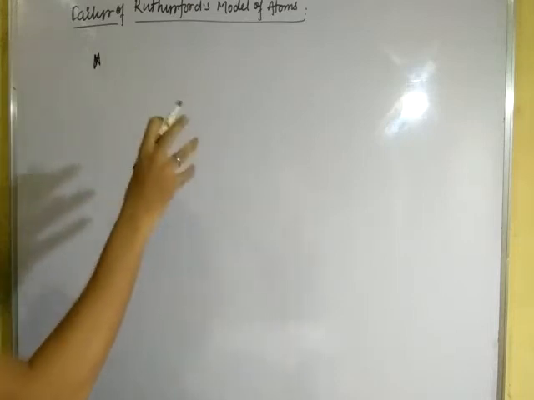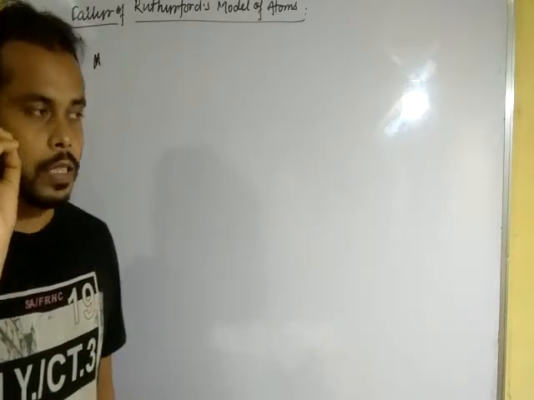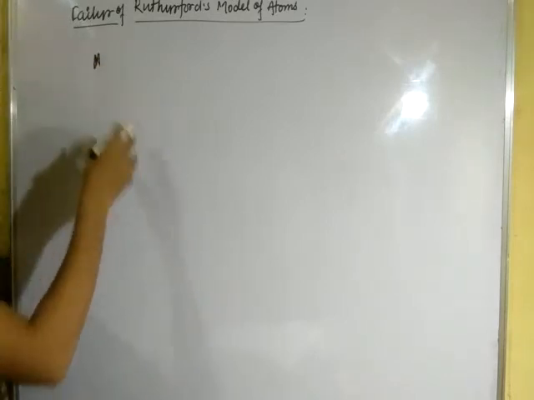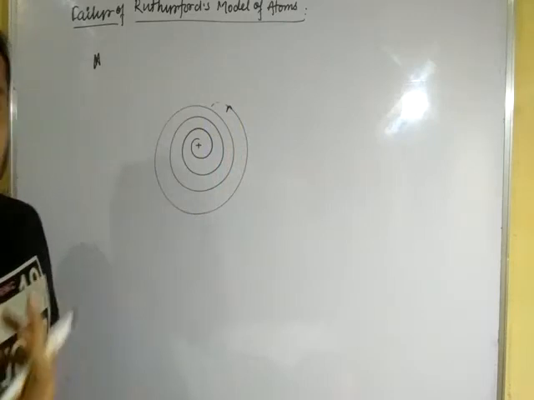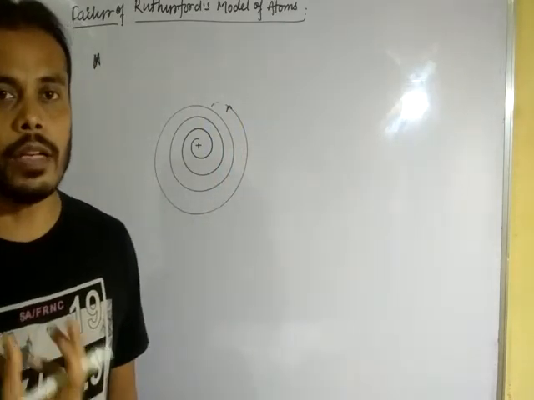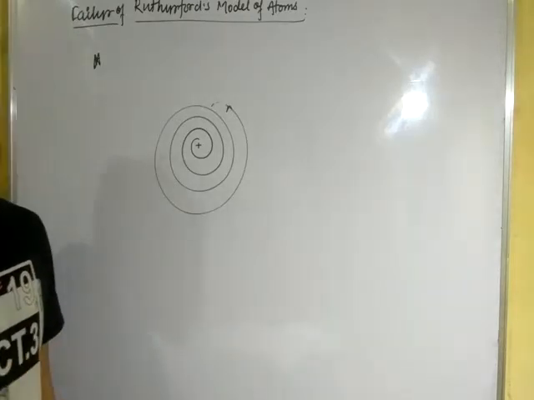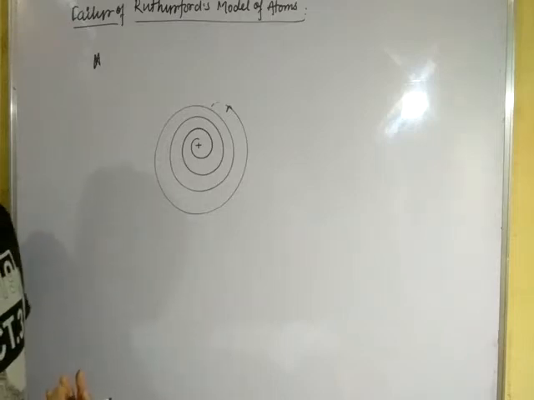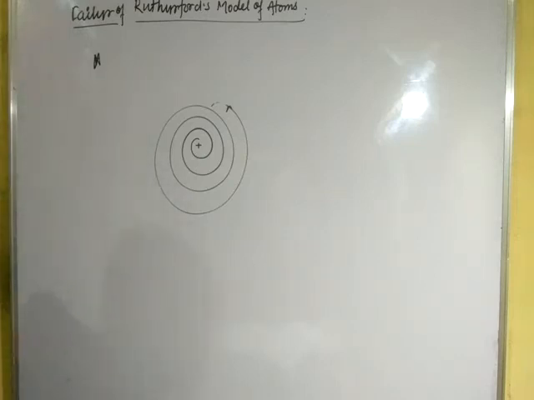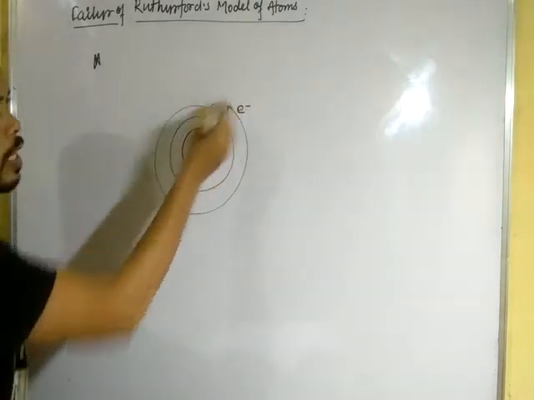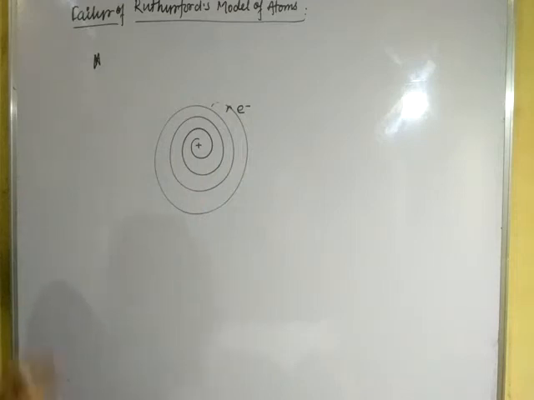The Rutherford model failed to explain the stability of the atom, because when an electron revolves around the nucleus, it continuously emits electromagnetic radiation, and the motion of the electron slows down, and ultimately it will spiral down into the nucleus, and the atom must collapse.